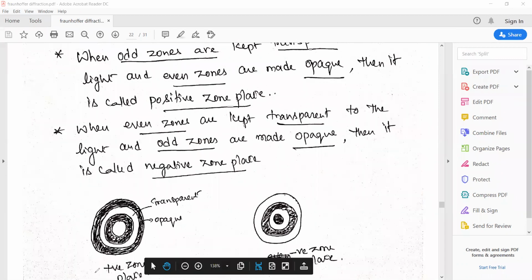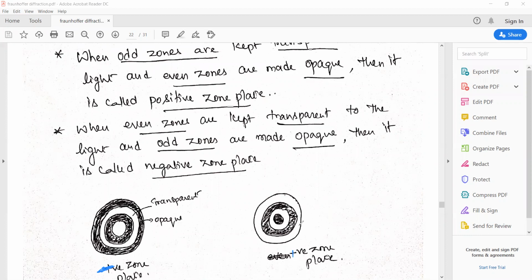Okay, so here, this is a negative zone plate. This is a positive zone plate. There are two kinds of zone plates: positive zone plate and negative zone plate. The main difference is that positive means all odd zones are transparent. All odd zones are transparent.